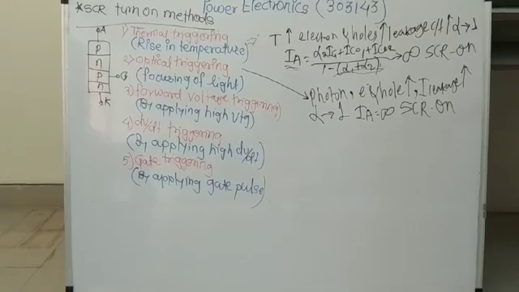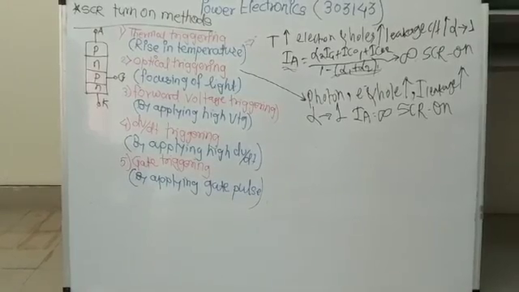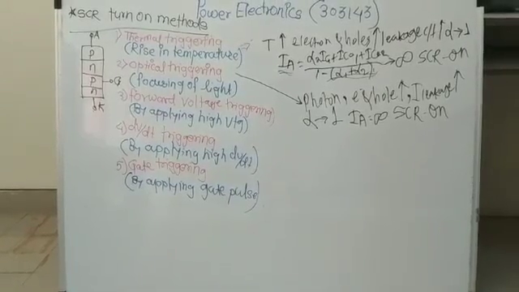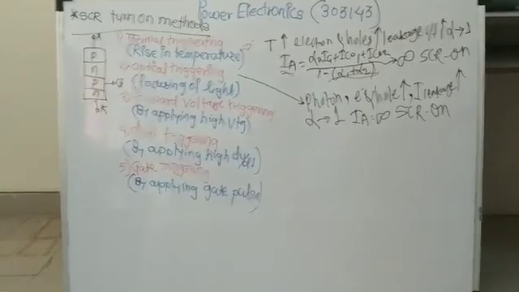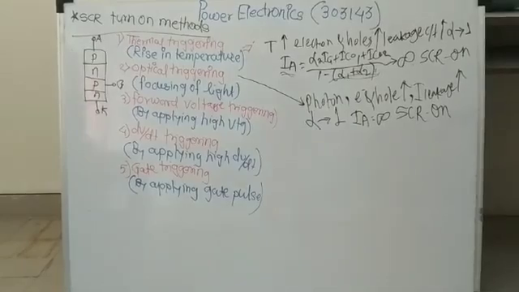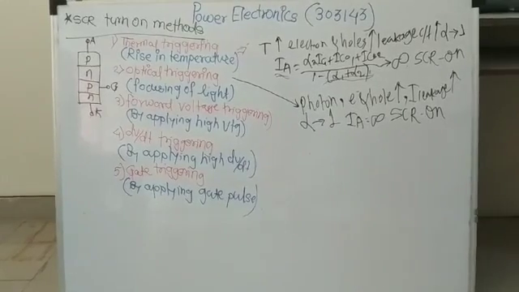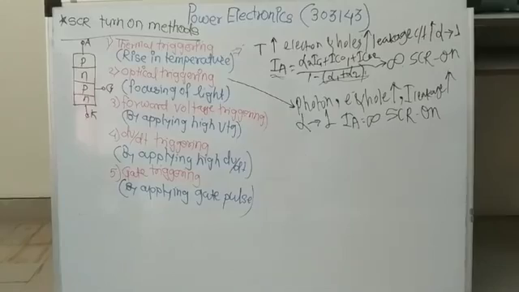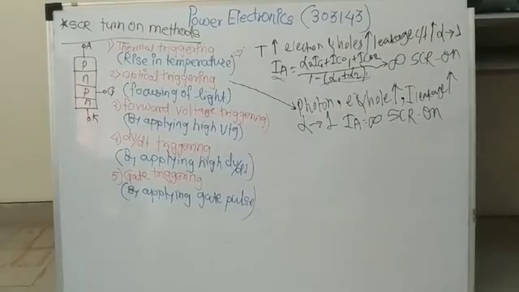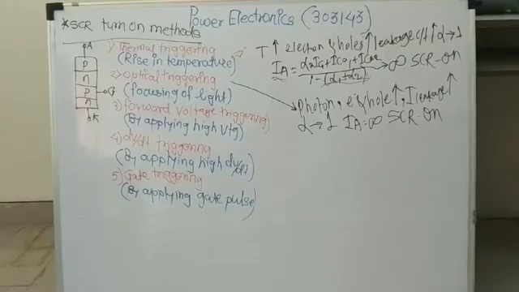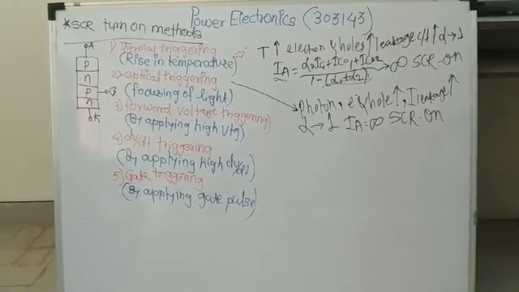We have to make photons or light of appropriate frequency as well as intensity incident. This is necessary, because without appropriate frequency or appropriate light intensity, it does not turn on. It needs high frequency as well as proper intensity light for turning it on.